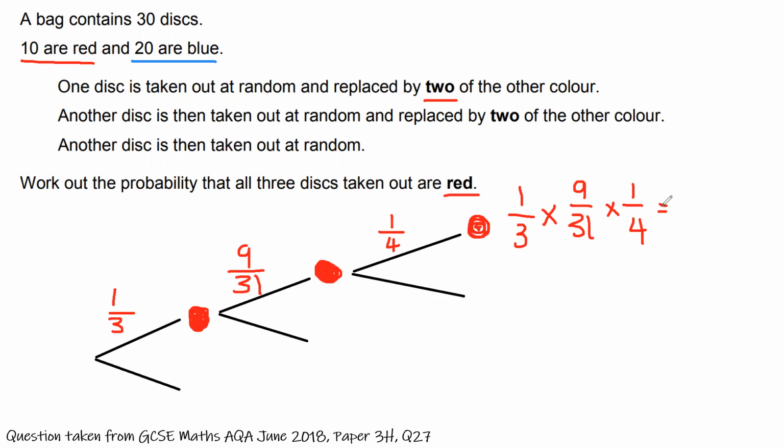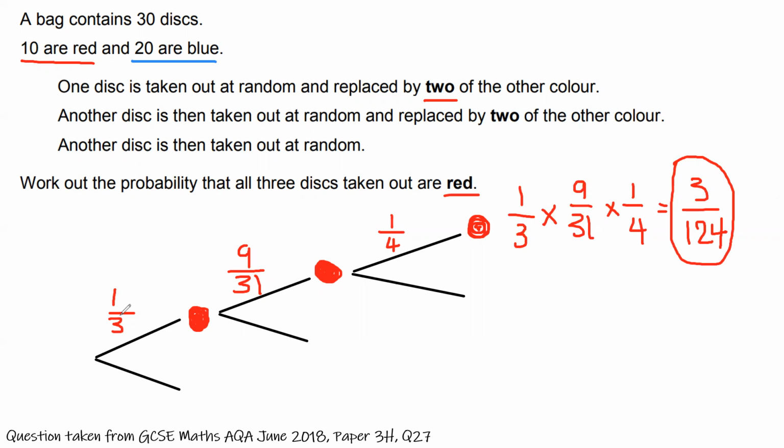And if we work that out, we end up with a slightly complicated fraction that can be simplified to 3/124. Okay, so this is the final answer here. This is the probability that all three of the discs that were pulled out of the bag are red.